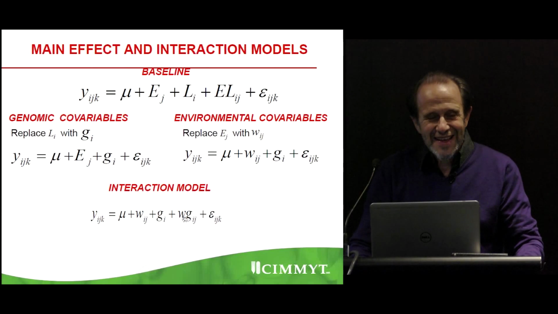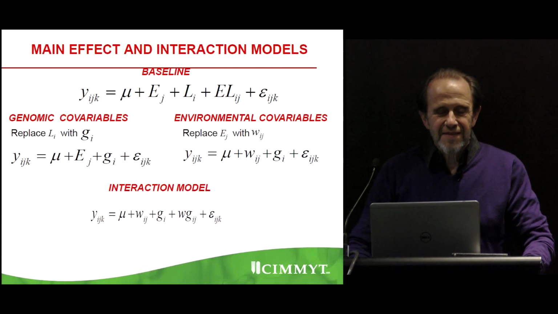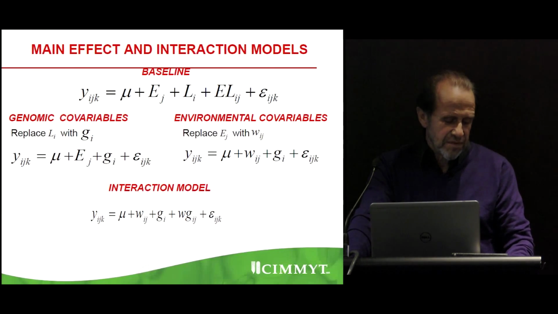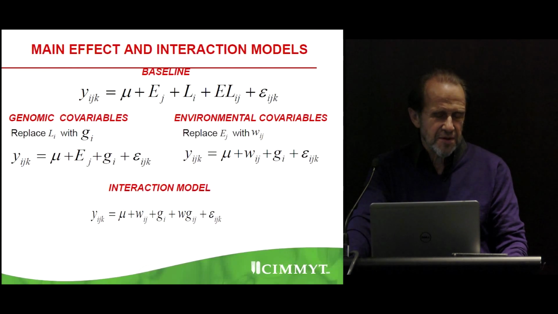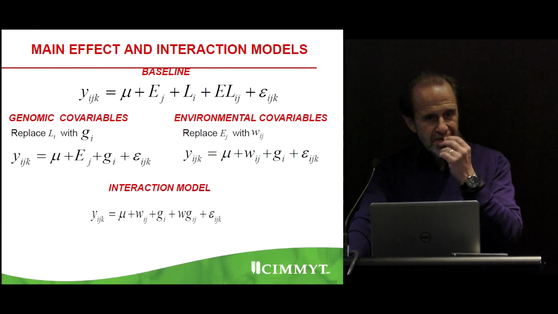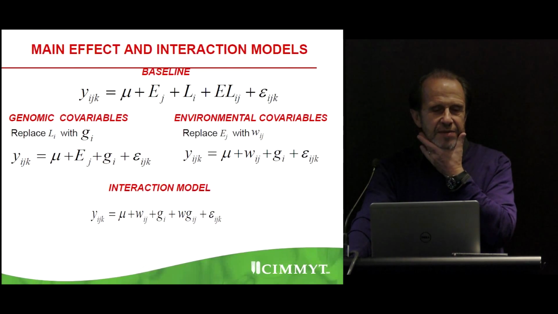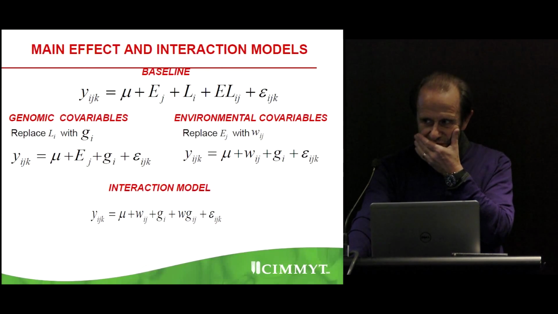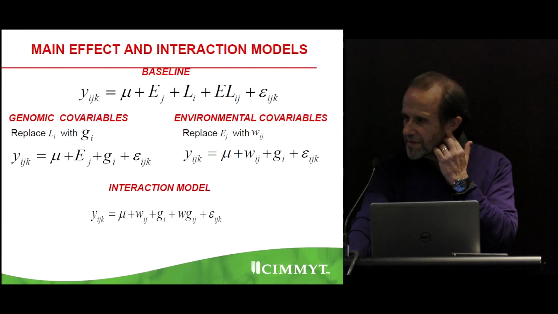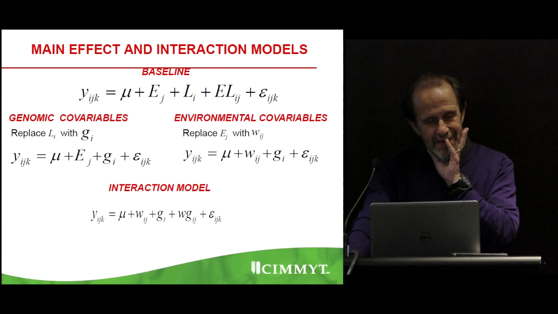And are you going to talk about how you choose your environmental covariates? No, but we can talk about this because I think this is important. We usually have maximum and minimum temperature, the precipitation, growing degree days, but I don't know what others can be used. I don't know if you have some other ideas. Do you synchronize the environmental covariates with the maturity of the different varieties?